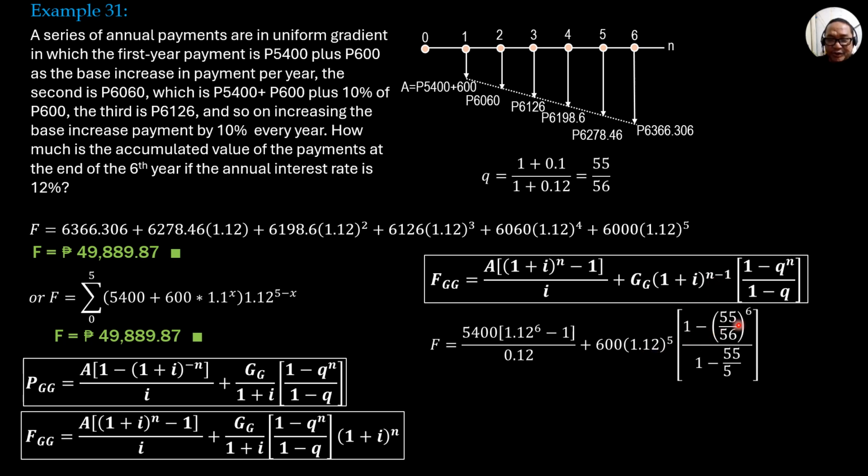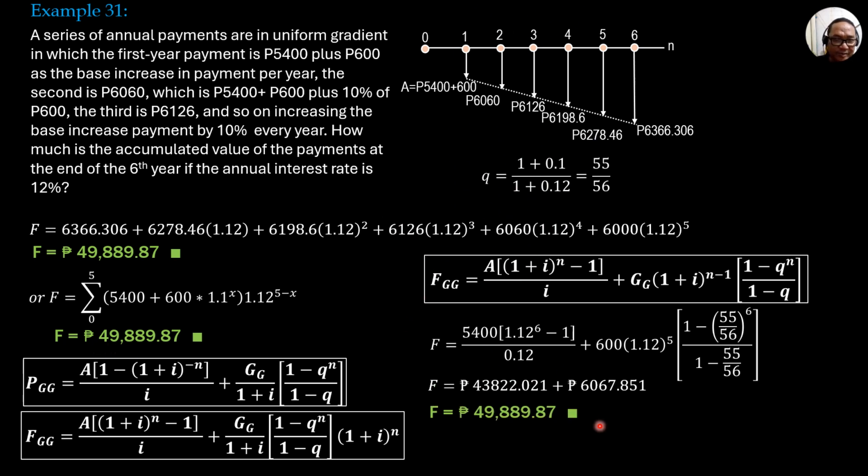Then 1 minus Q to the n, 55 over 56 to the 6, all over 1 minus Q. Using your calculator, the first term is 43,822.021, and the second value is 6,067.851.